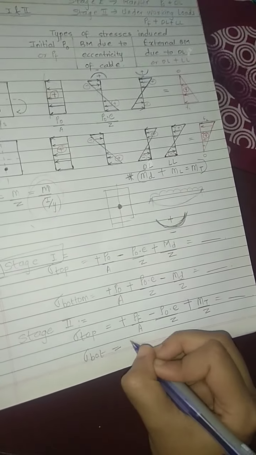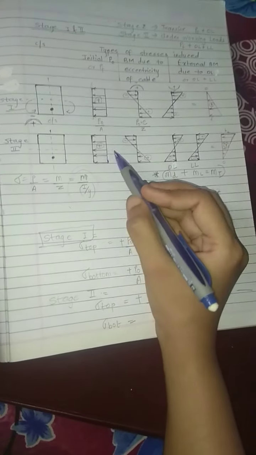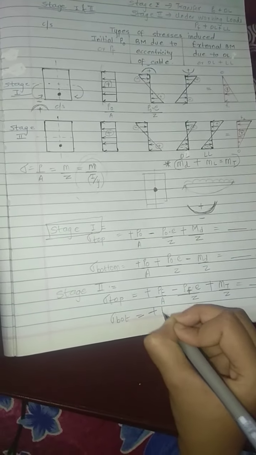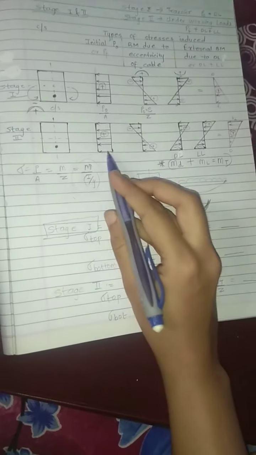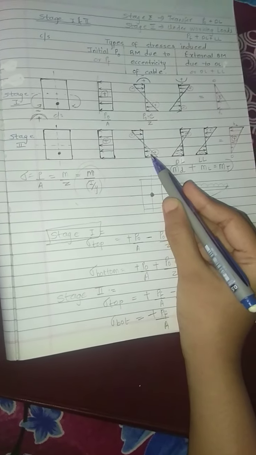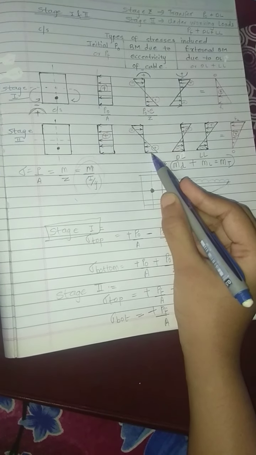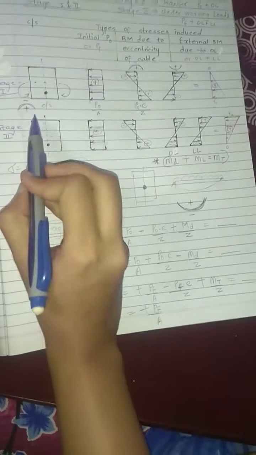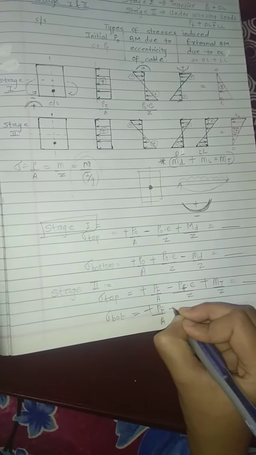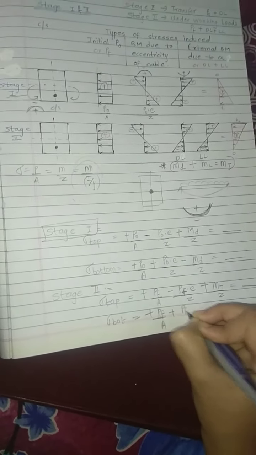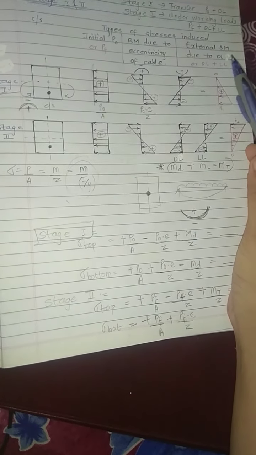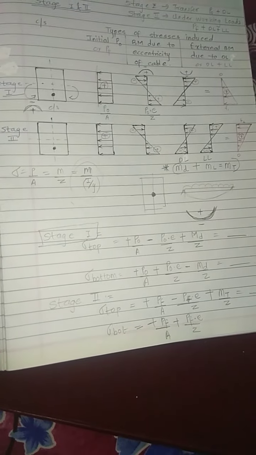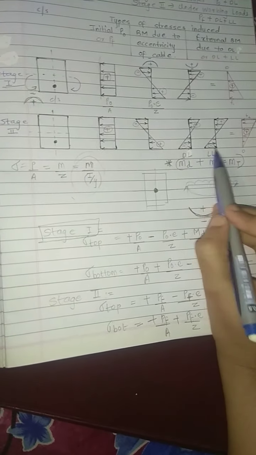Okay, and for sigma at bottom, the final pre-stressing force is always positive. Then the bending moment due to eccentricity of the cable, at the bottom positive, so PF into e upon Z. Then the bending moment due to external loads, that is due to self weight and due to live load.